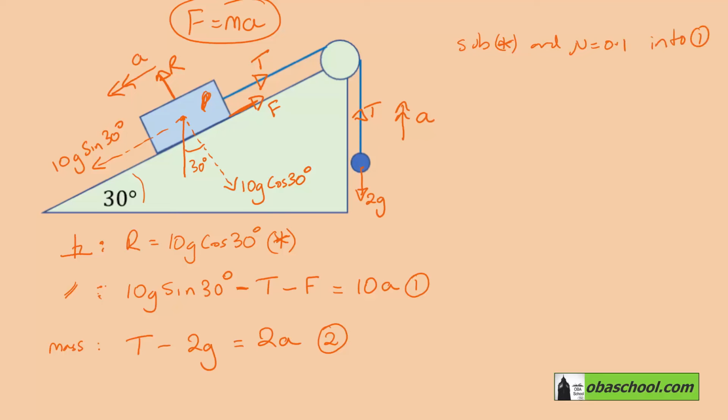Then I have 10g sine 30 minus T, take away 0.1 times 10g cos 30. Remember, that's mu R, which is the limiting friction.